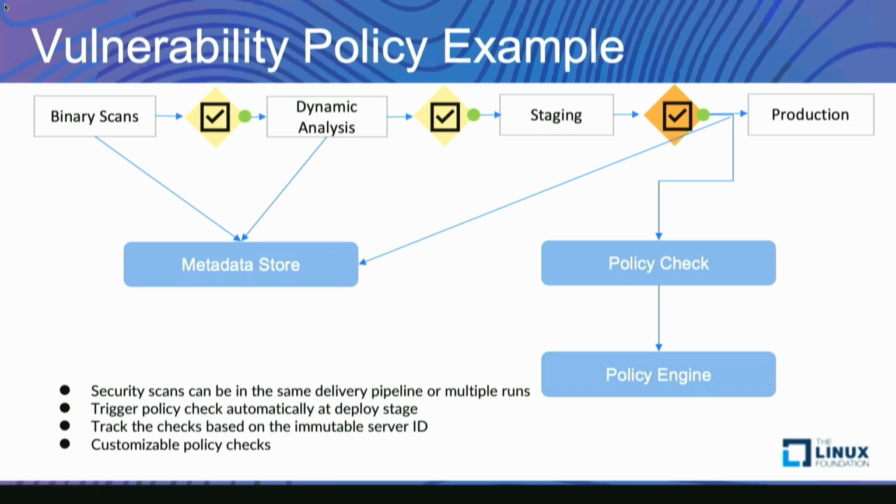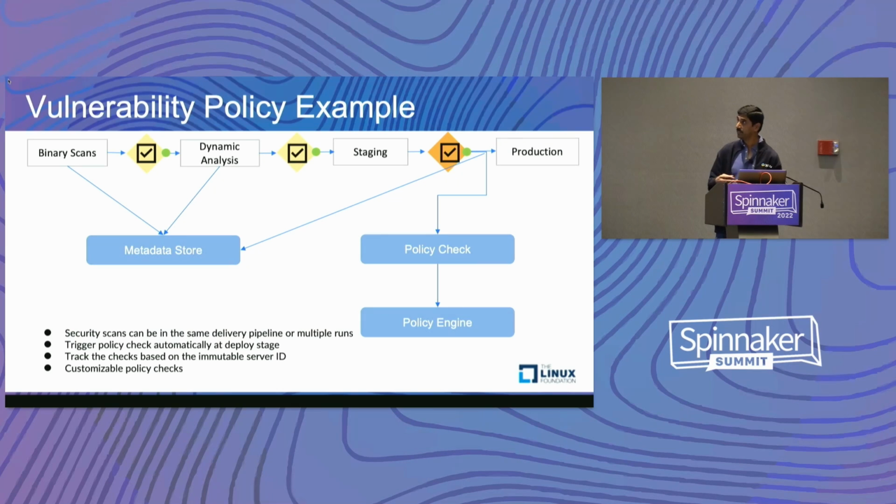One of the ways we have done it is we have a metadata store. As the delivery process happens, all the data for the binaries that are generated is captured. For example, you have container images with a certain tag. They have a SHA that gets generated. So we store that information.